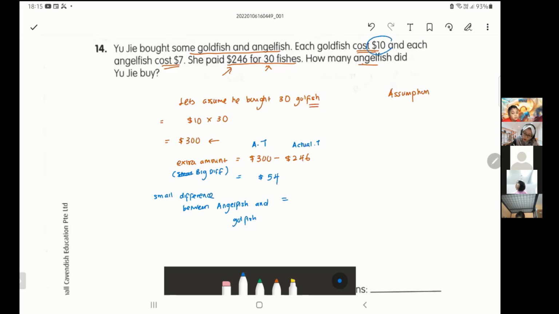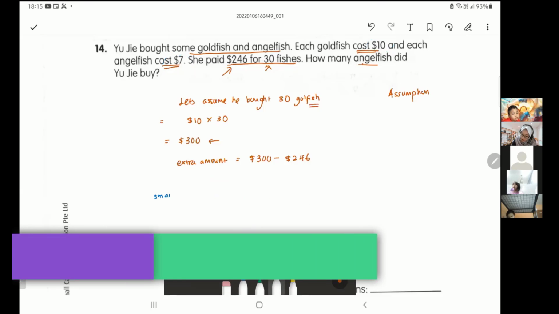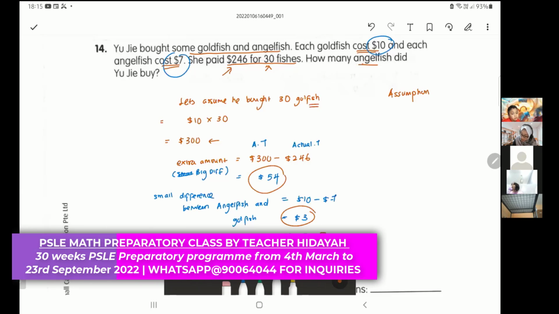You look at the cost of them: $10 minus $7 equals $3. Then you take the big diff divided by your small diff to get your answer, which is 54 divided by 3.